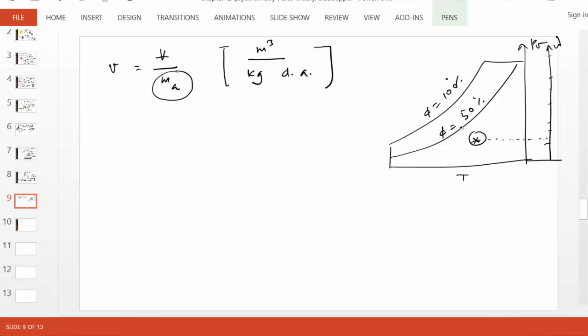So how will specific volume lines look in this psychrometric chart?